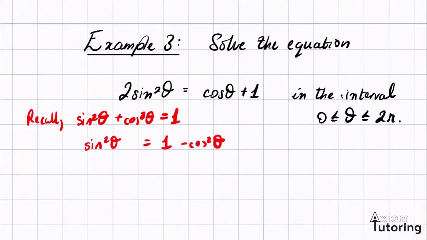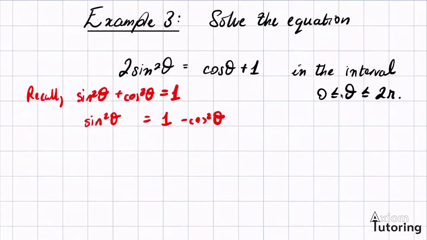And that will be useful for us because now we can substitute in this expression for sine squared theta into our original equation that we're trying to solve here. And so then we can get an expression all in terms of cos. So let's continue with that.